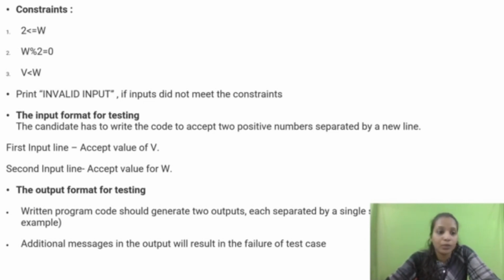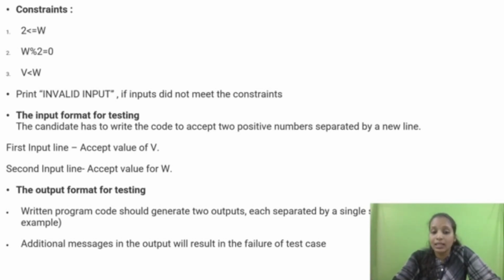So this is how it works. For the input format, the candidate has to write code to accept positive numbers separated by a new line. The first line accepts the value of V, and the second accepts the value of W. The written program should generate two outputs, each separated by a single space character.